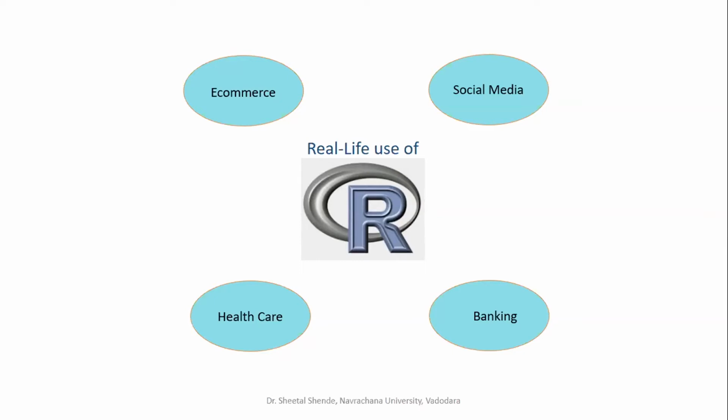All these industries are using R for data analysis and data visualization techniques. Some big IT giants known to us, like Accenture, IBM, Infosys, Paytm, are all using R for such analysis in their work domain.